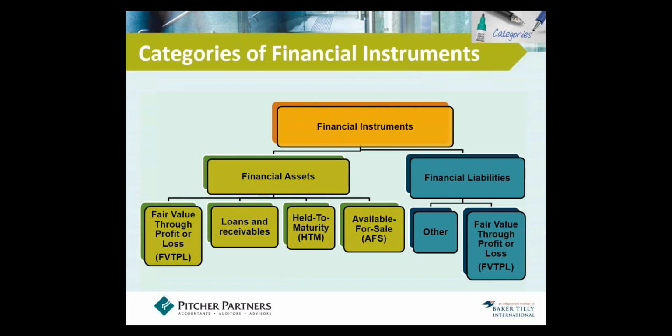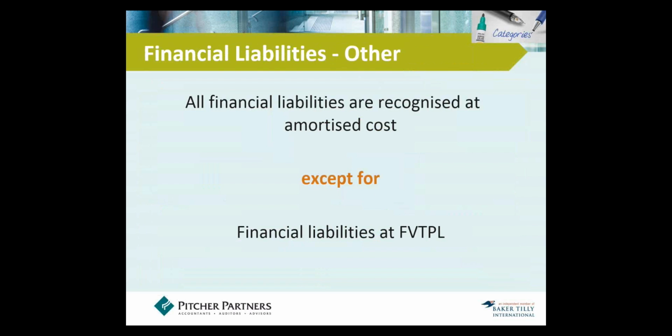Financial liabilities, only 2 categories. It's either fair value through profit or loss, or it's other financial liabilities. Now, if it's not fair value through profit and loss, it can only be other. And all other financial liabilities are recognized at amortized cost.